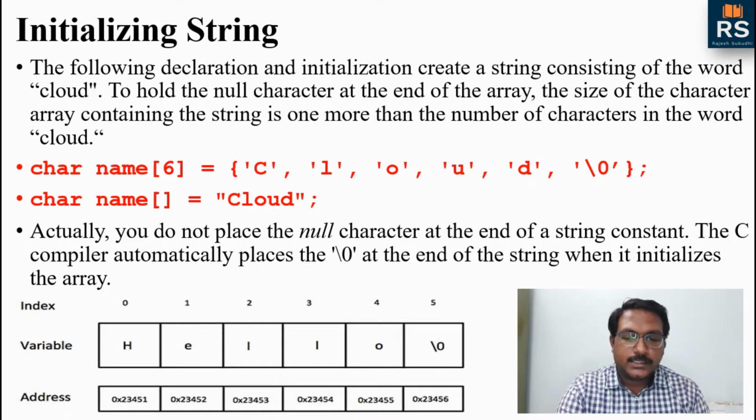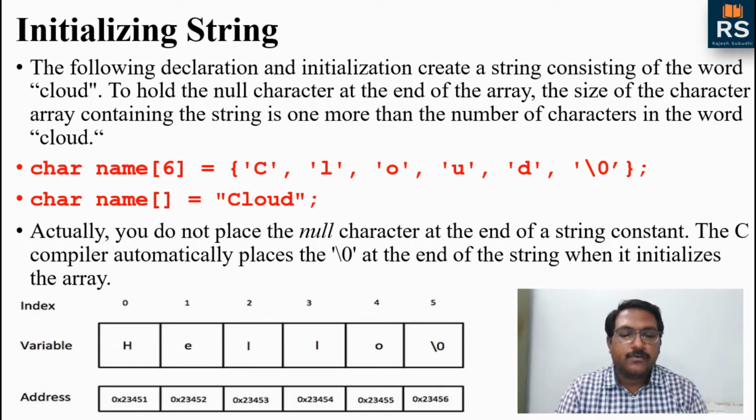So see the example here. We have a character array in which we have hello. At the end of hello we have the null character. As we have the null character at the end of this particular character array, it is considered a string.